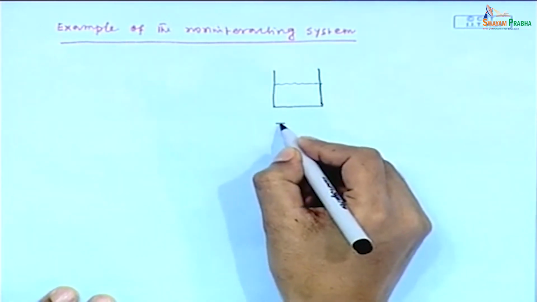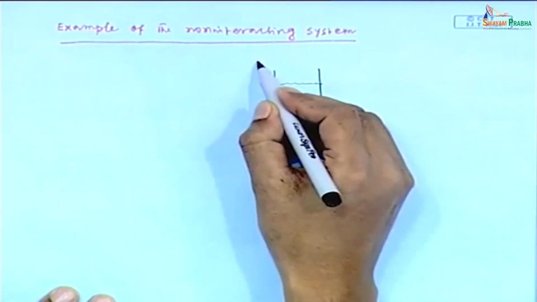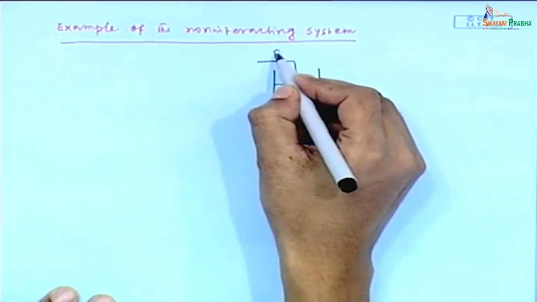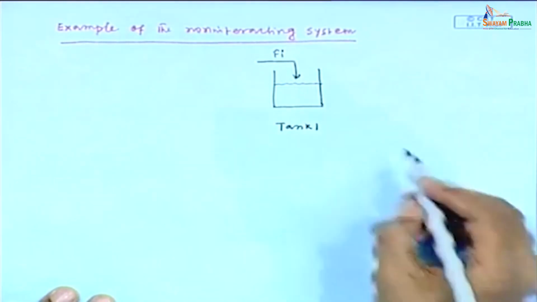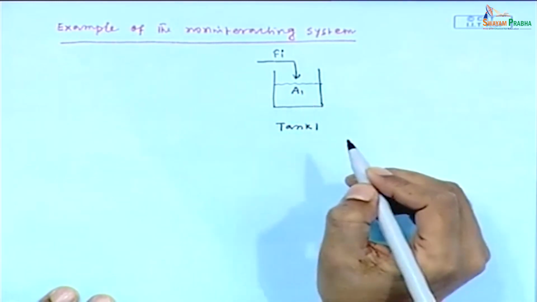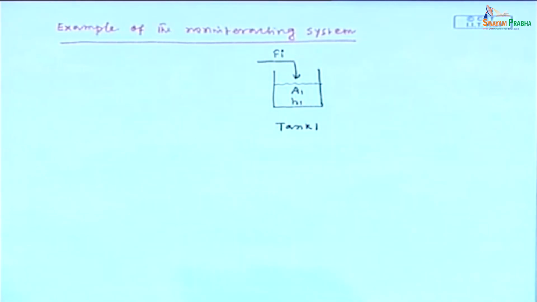So, this is tank 1. Input to this tank is Fi. Cross sectional area is A1 and height is H1.